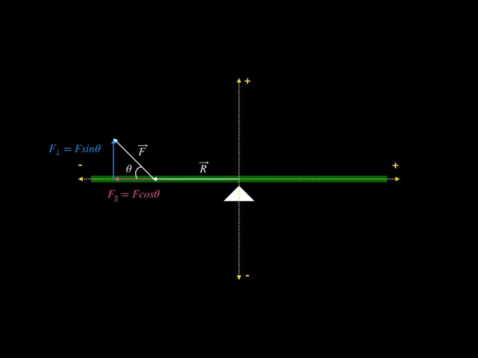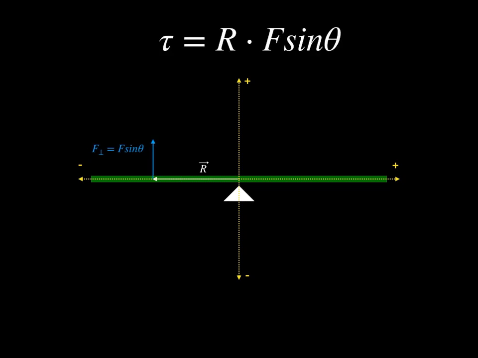The portion parallel causes translation, meaning motion left or right and up and down. Basically, everything we have talked about all year to this point has been translation. The part perpendicular produces rotation, which is the point that we want to focus on. Isolating just the portion perpendicular that we want to look at produces a torque that in magnitude is equal to the lever arm times f sine theta.